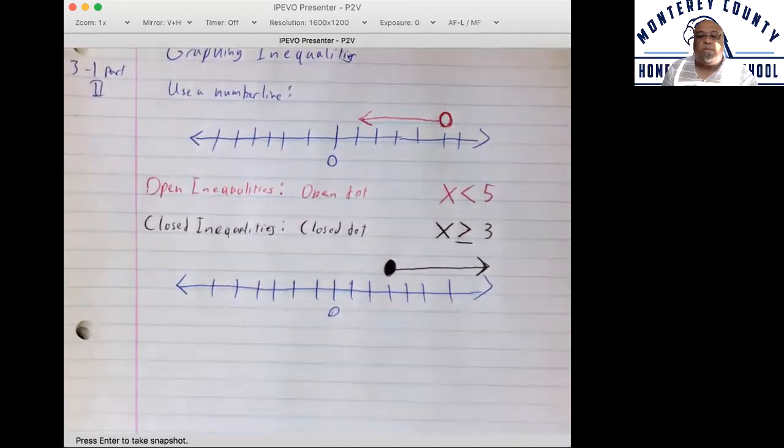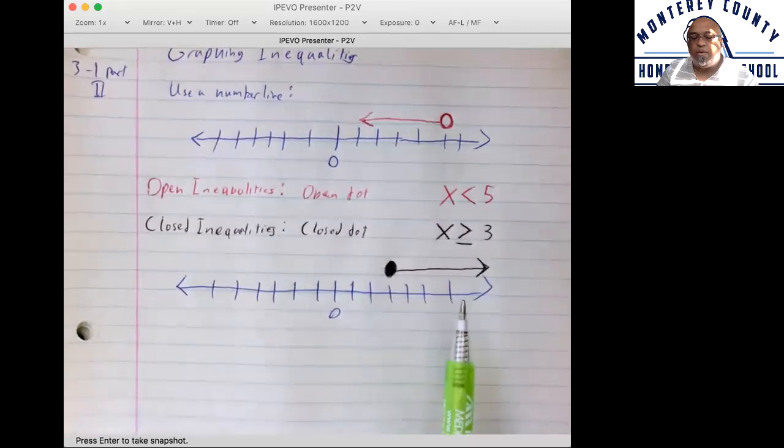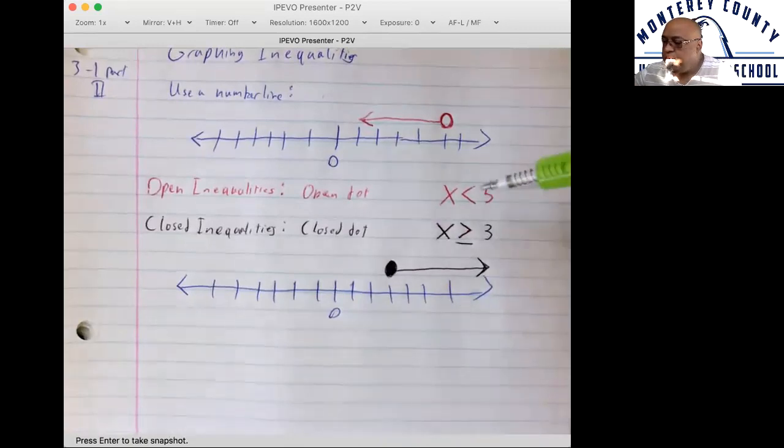Now with the closed statement, simply put, the closed statement says that 3 could be the answer or anything that the rest of the statement says is true, or basically the direction that your arrow is going. With the open inequality, the statement is saying that this is the number that we're being compared to. It could be anything less than that number, but it cannot be that number itself. So just keep in mind these different variations here.